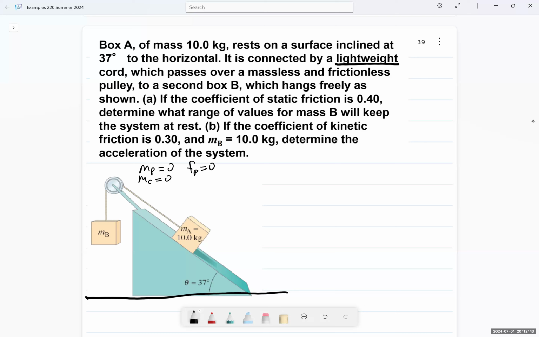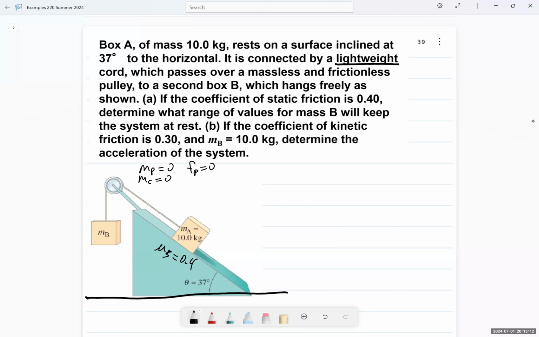That means at this point we're looking at a system in equilibrium. Part A says if the coefficient of static friction is 0.4, and obviously it has to be for this incline, determine what range of values for mass B will keep the system at rest.